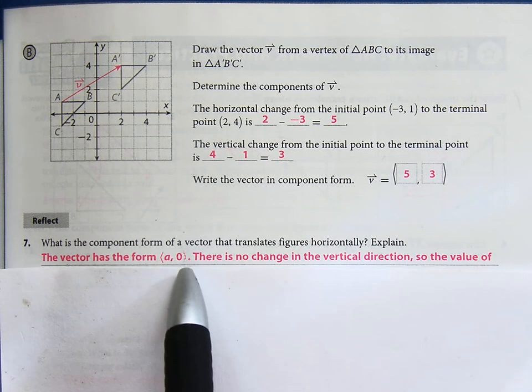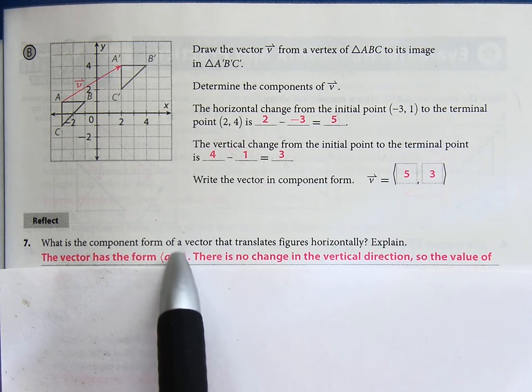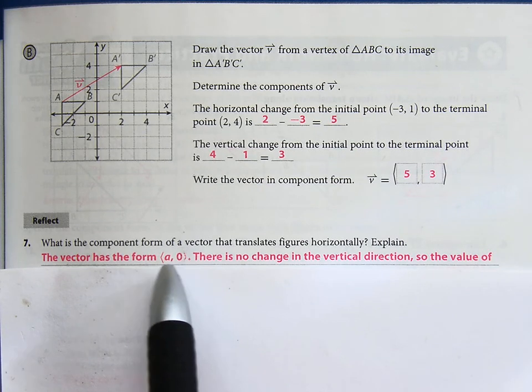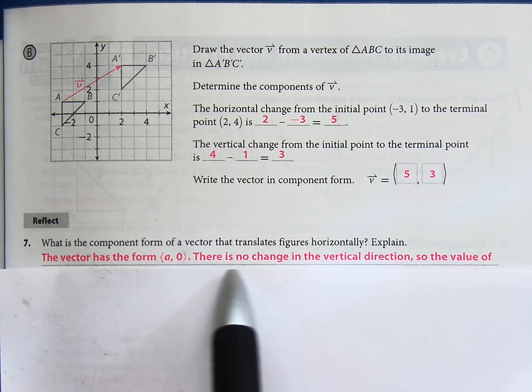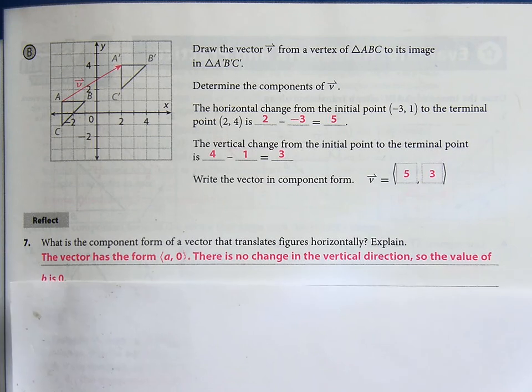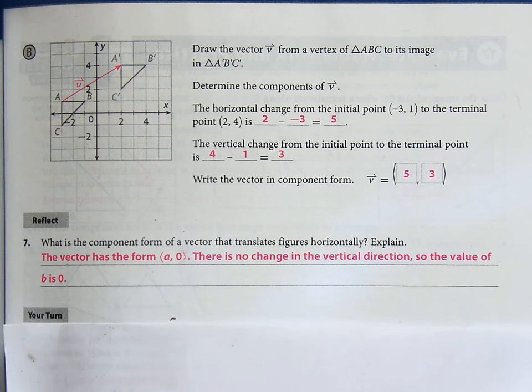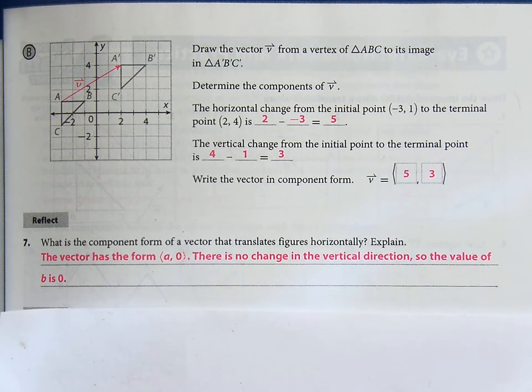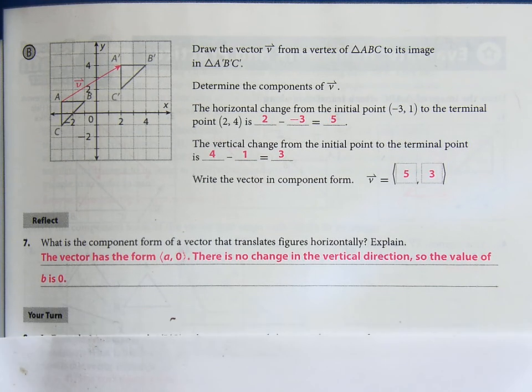There's nothing happening to our vertical movements. It's all horizontal. Right? So with that, you can also think about, what if you just had a vertical shift? What would that look like if you were to write it in component form? All right, your turn.